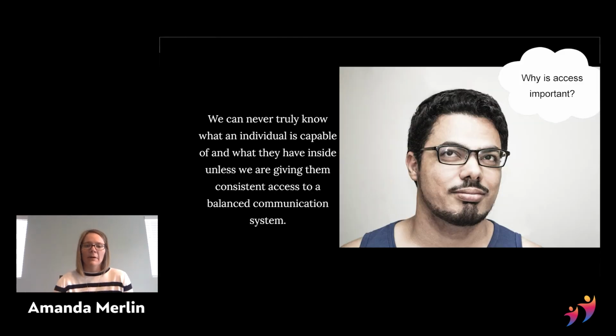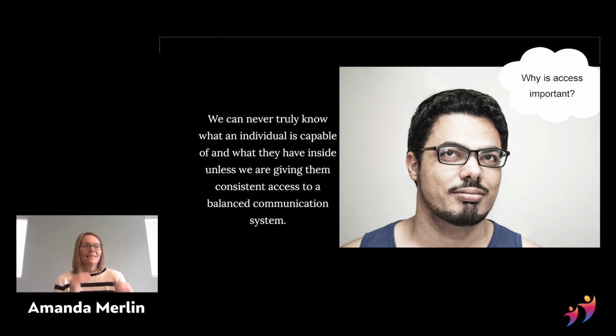Why is access important? So when an individual with communication difficulties, a complex communicator, isn't given access to consistent AAC, then they're not able to learn how to use language. People start to assume that they are less intelligent because they're not able to express or show us what's inside their minds.